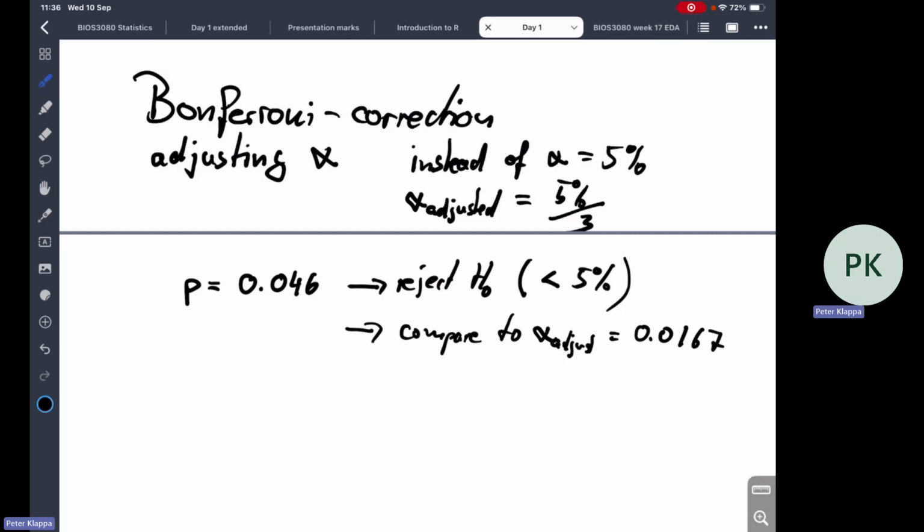Is that right? Probably. And 0.046 is larger than our adjusted alpha. So 0.046 now is larger than 0.0167, and therefore we fail to reject.